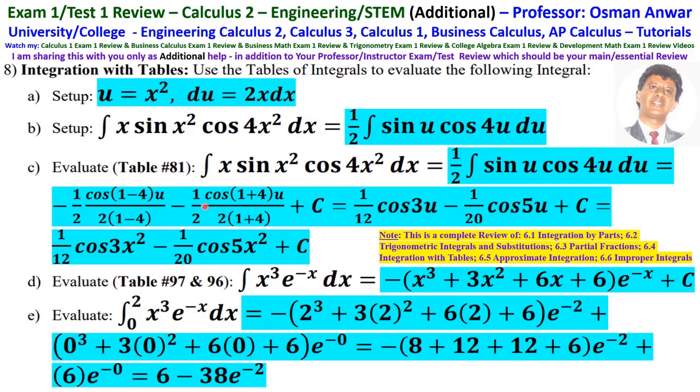Then here in the numerator, you have 1 plus 4 is 5, so this is cosine 5u, over 5 times 2 is 10, 10 times 2 is 20, so this is minus 1 over 20 cosine 5u plus C.